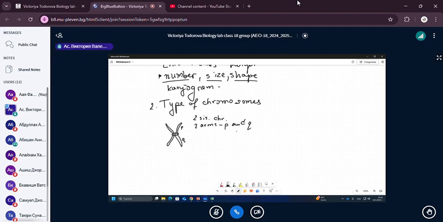And the size of these P and Q arms can be different in different chromosomes. If P is equal to Q, the arms have the same length. We call this a metacentric chromosome.